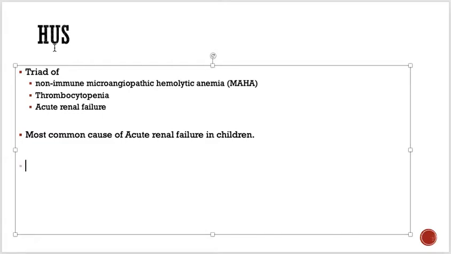Now, the important thing over here is children get hemolytic uremic syndrome most of the time as a result of diarrhea, and the diarrhea which is caused by, again, most of the time E. coli.